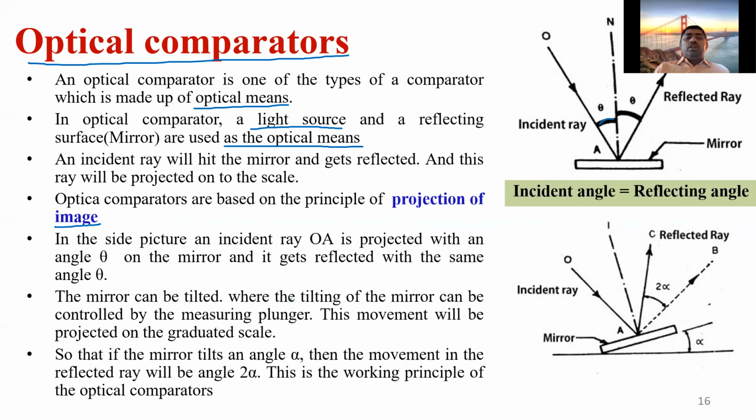The mirror can be tilted, where the tilting of the mirror is controlled by the measuring plunger. So we have the plunger here. This movement will be projected onto the graduated scale. So there is a scale. If the mirror tilts by an angle alpha, the reflected ray will make an angle 2 alpha.